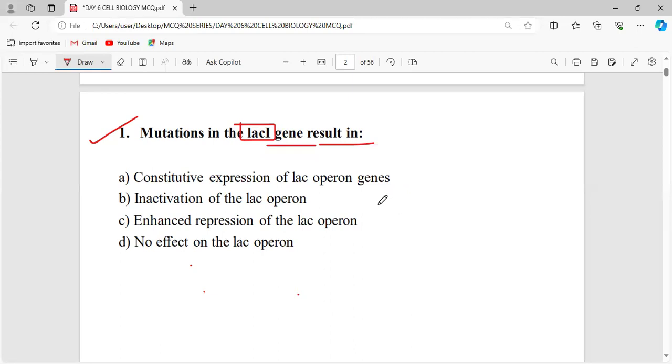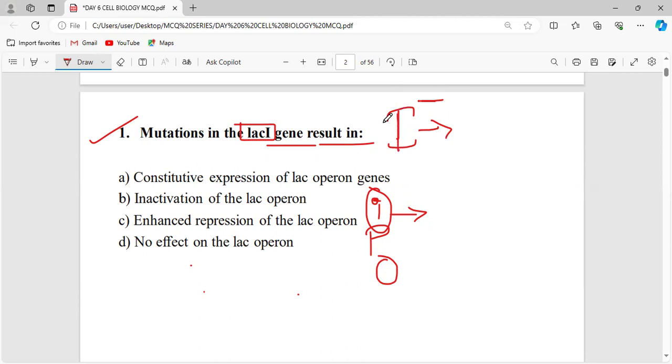See, generally this I is nothing but an inducer. This is a gene for a repressor protein, where the repressor will bind here, and P is for the promoter, O is for the operator. Okay, and you know that lac Z, lac Y, lac A and all the structural genes code for the different enzymes. And whenever a mutation occurs in the I region, there will be a constitutive expression of the lac operon, because the operator is never closed.